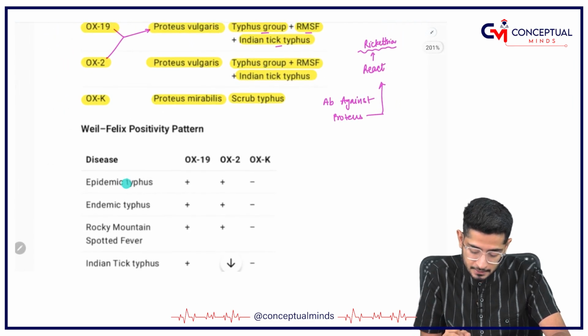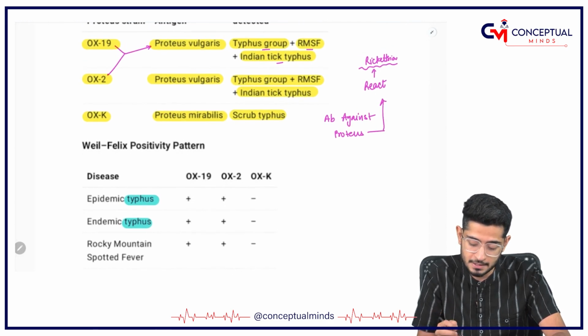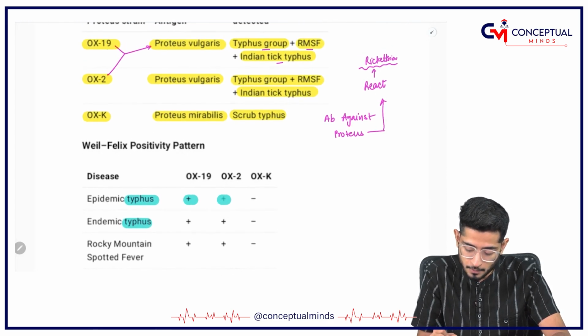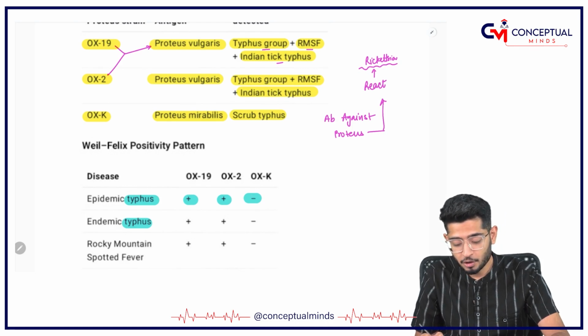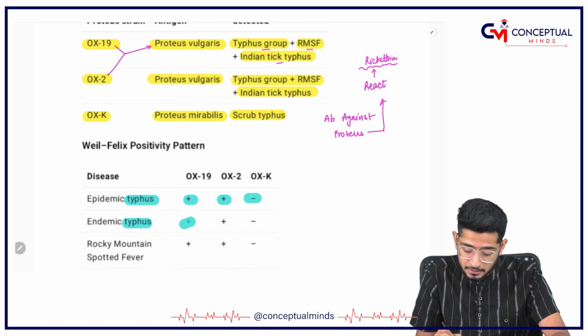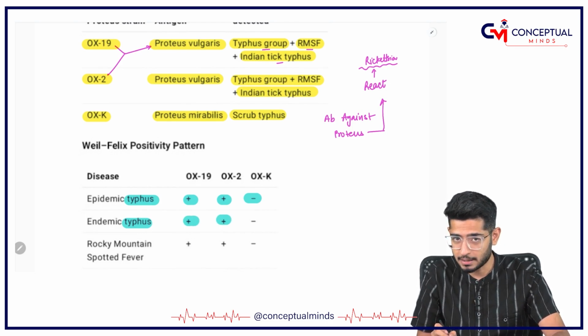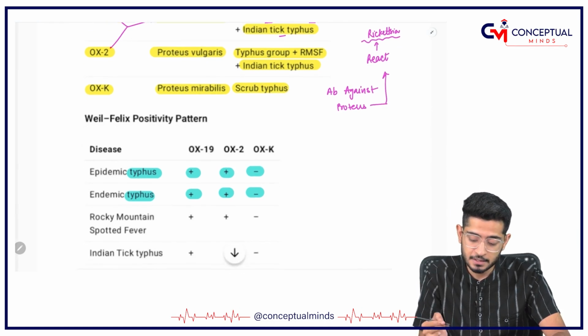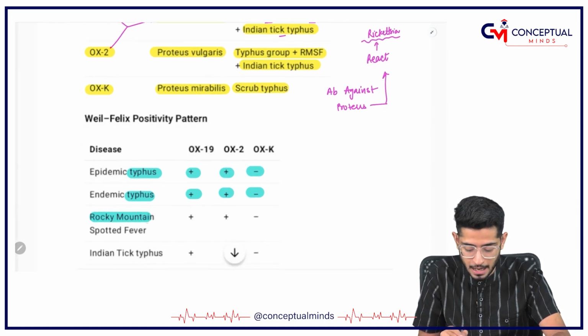Let's have this example. For example, this is a Typhus group. I told you that Typhus group is going to cross react with OX19 and OX2, but it is not going to cross react with OXK. If OX19 and OX2 show the reaction, but OXK does not, there is a high possibility that it can be typhus or spotted fever or Indian tick typhus.